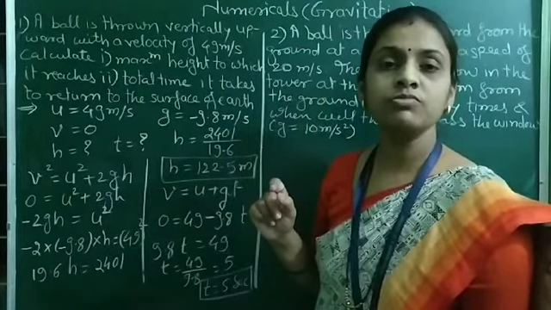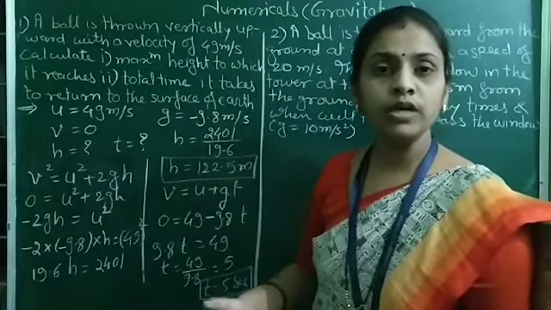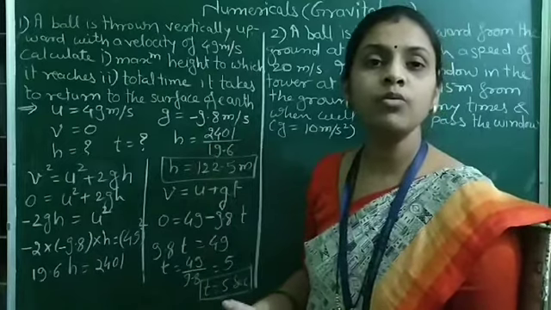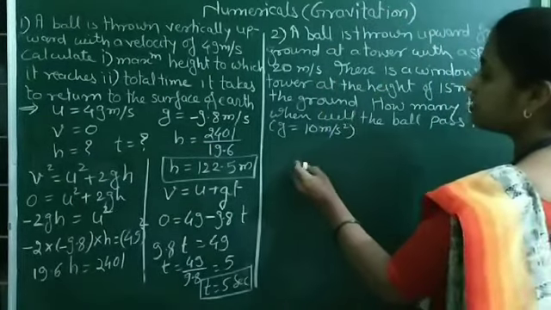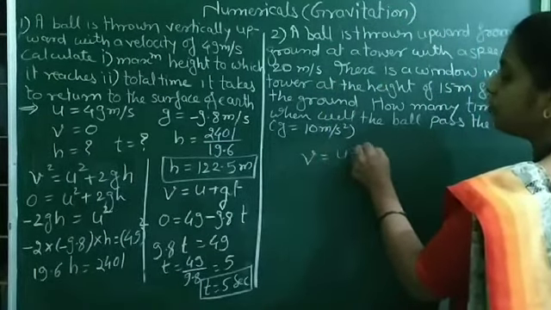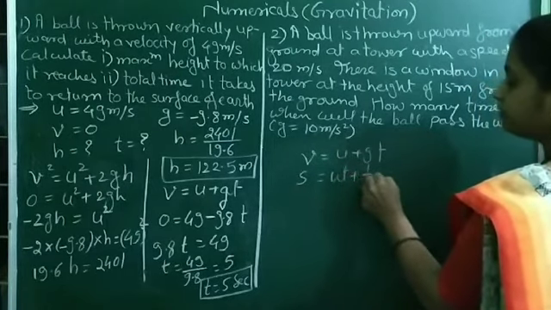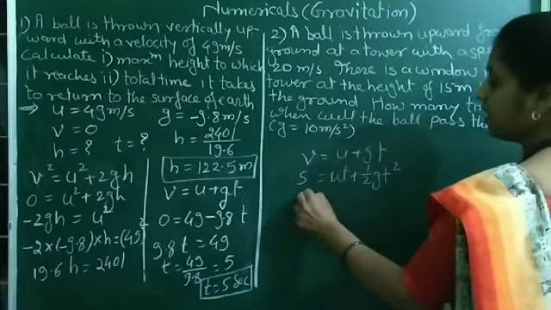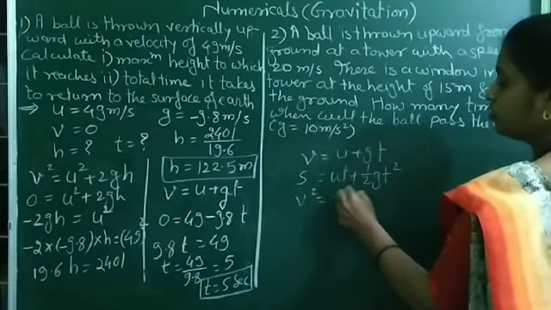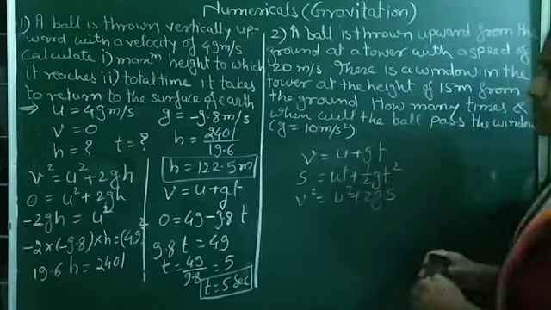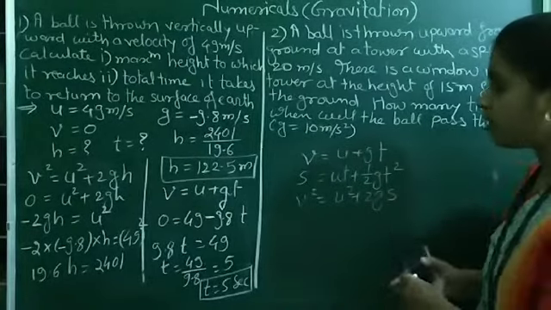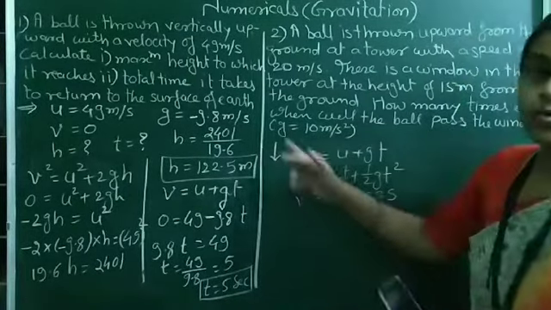Whenever the object falls freely in a downward direction, the equations of motion are v is equal to u plus gt, s is equal to ut plus half gt square, and v square is equal to u square plus 2gs.